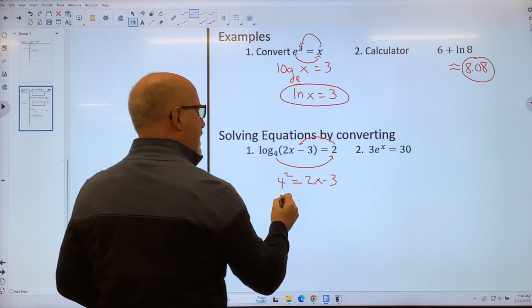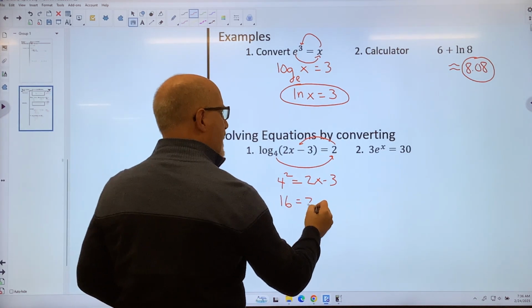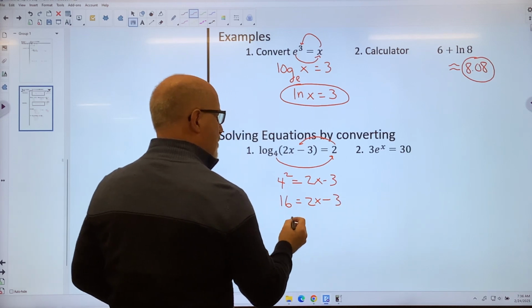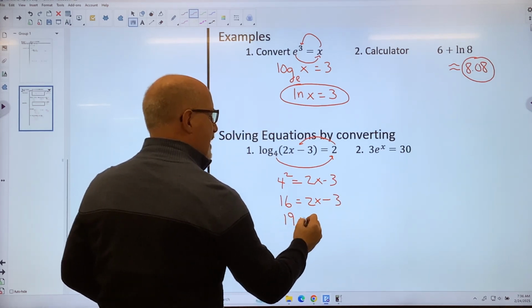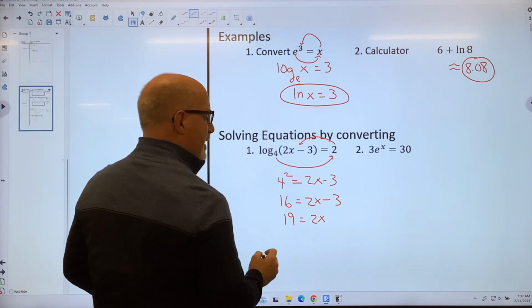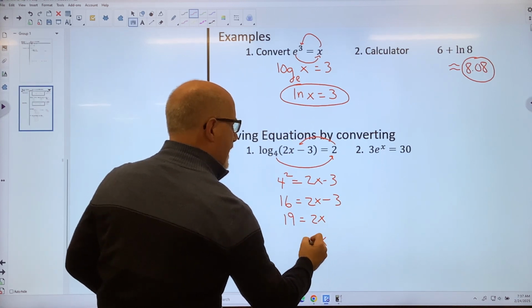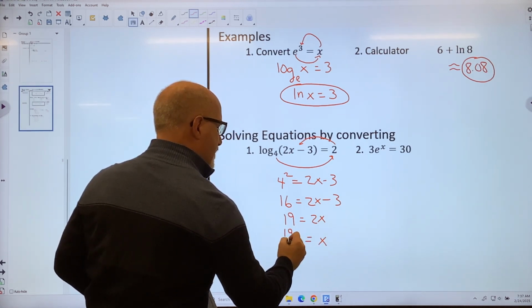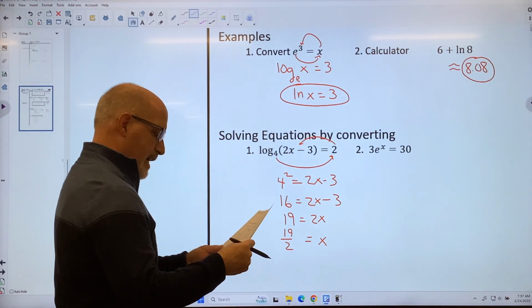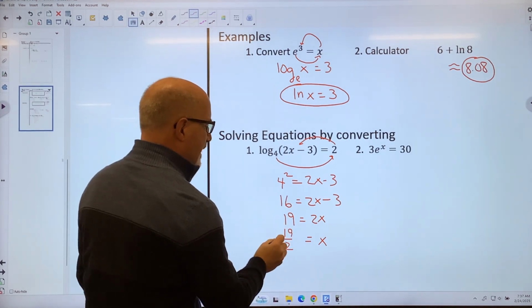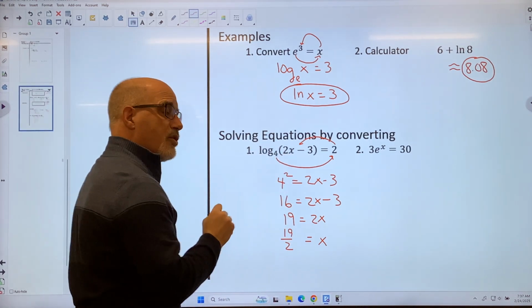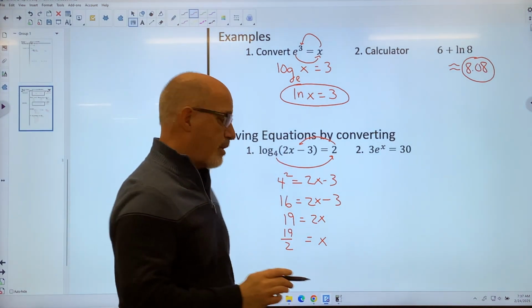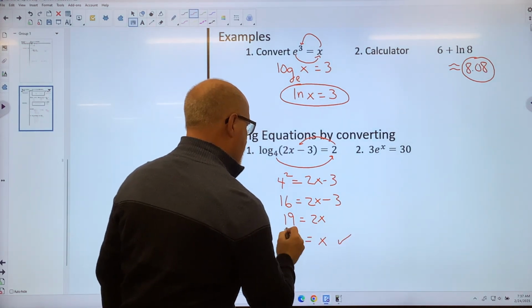And so we get 16 equals 2x minus 3. Add 3 to both sides, you get 19 equals 2x. And then divide by 2, and you get x equal to 19 halves for an answer. And when you look back at this one, if you put 19 halves back into this, you do not get a negative or 0, so it does check. So this is our answer.